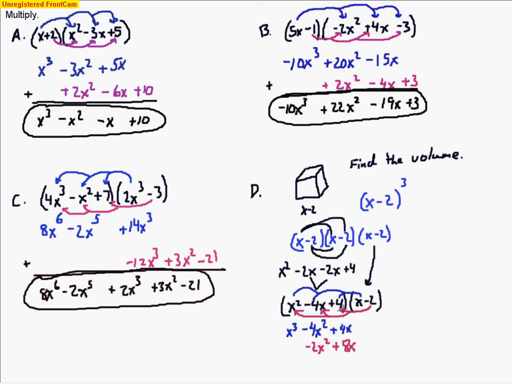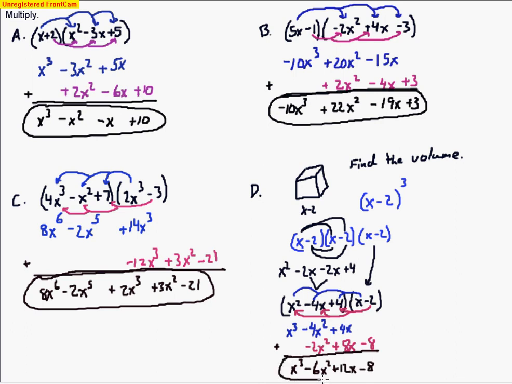Negative 2 times 4 makes a negative 8. So once you have that, you're going to add these terms together, and we'll have our answer. X to the third minus 6x squared, positive 12x, and a minus 8.